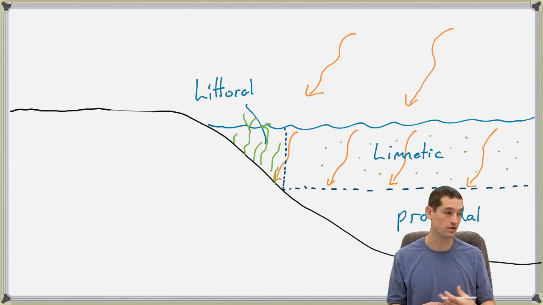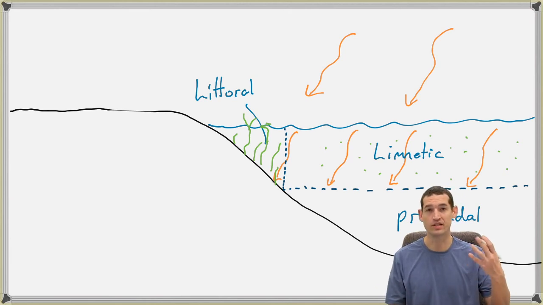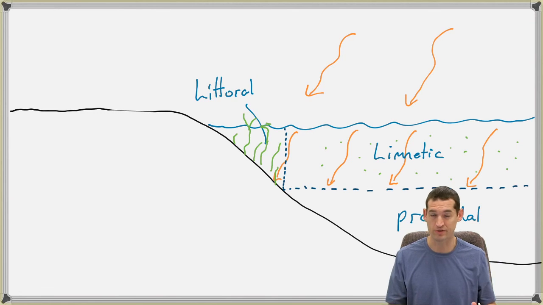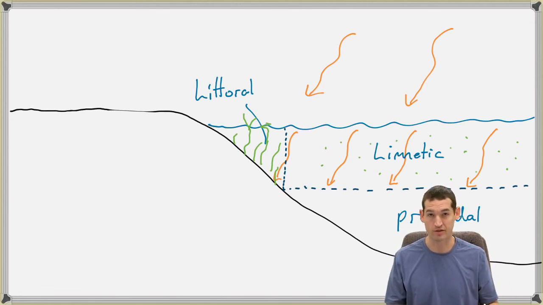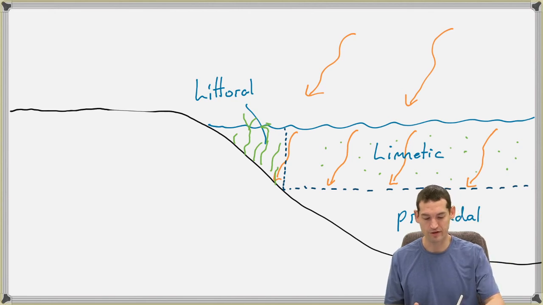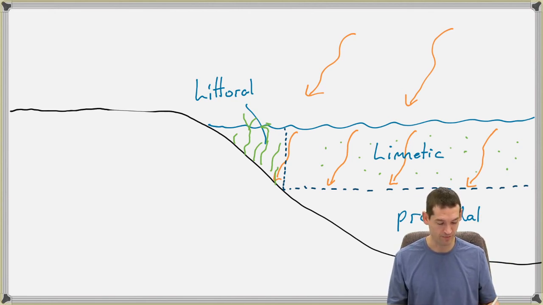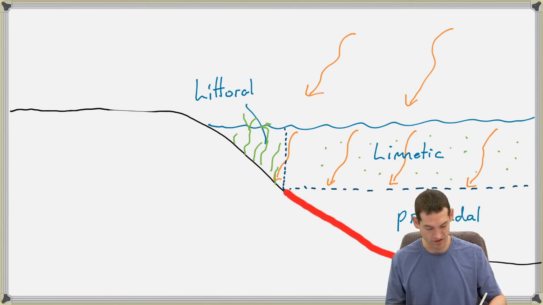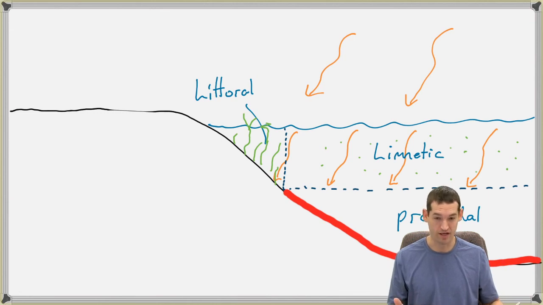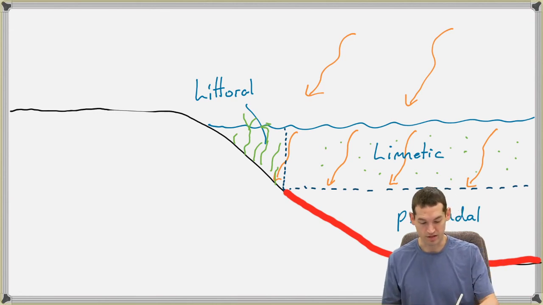So that could be wastes from organisms up there, plankton, or things that have died and are now just drifting down that they're going to feed on, or they're feeding on the other organisms that are down there as well. The benthic zone would basically just be the bottom, right? So all of this bottom layer would be the benthic.